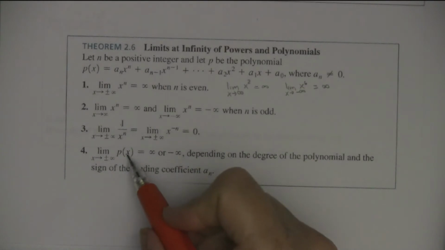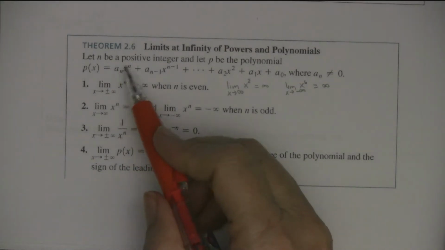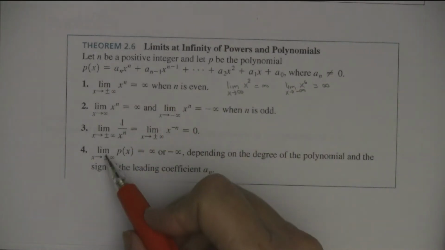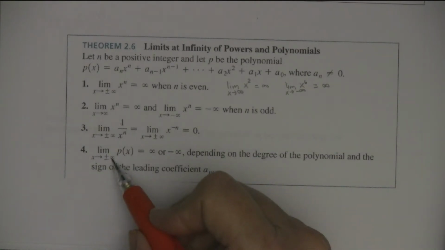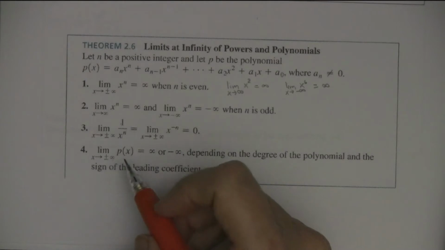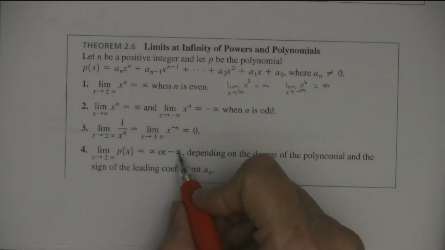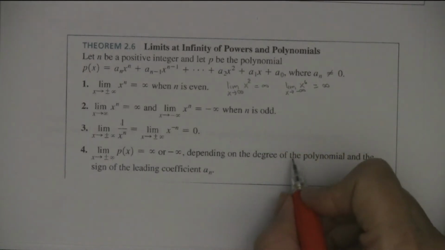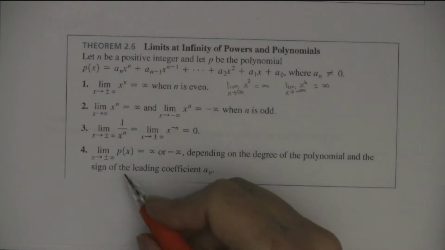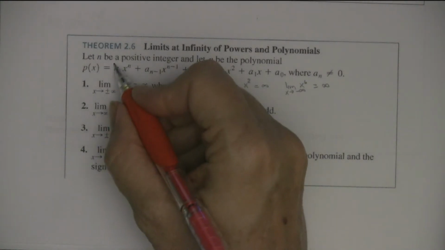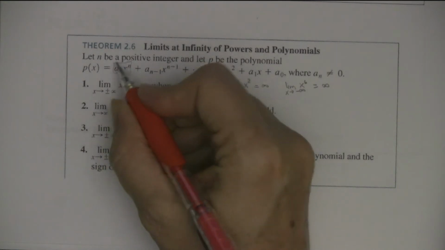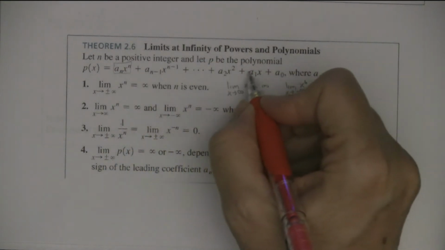Now they're talking about your polynomial. So here's our polynomial. And they say if you're trying to find the limit of this polynomial as you go to infinity, then this is infinity or negative infinity, depending on what's going on with the leading coefficient, the leader. So it's saying that this other stuff doesn't make a difference.